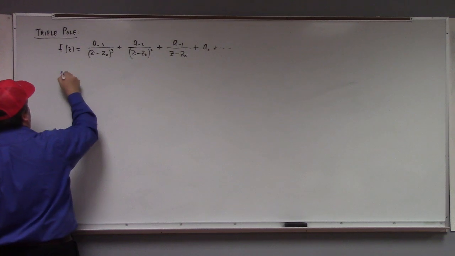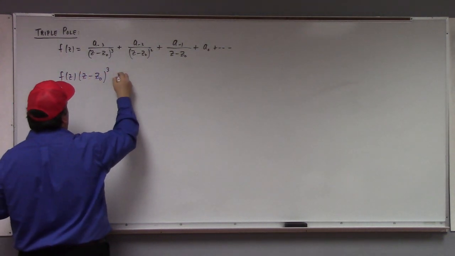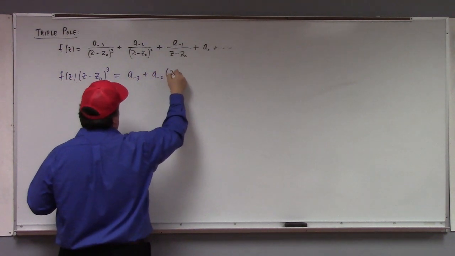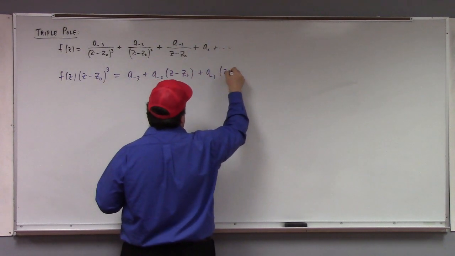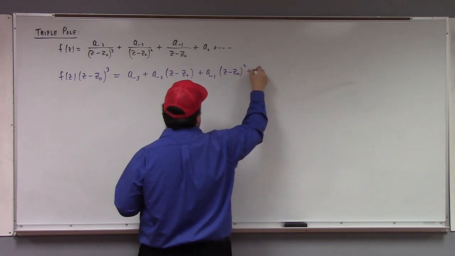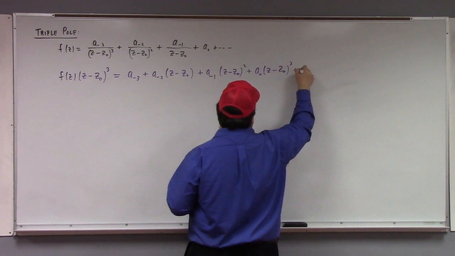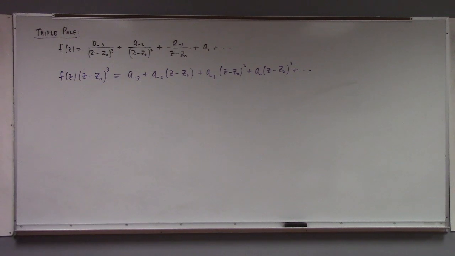So we have f of z times z minus z naught cubed is equal to a sub minus 3 plus a sub minus 2 times z minus z naught plus a sub minus 1 times z minus z naught squared plus a sub 0 times z minus z naught cubed. If we differentiate once, that's helpful, but it still doesn't isolate the a sub minus 1.